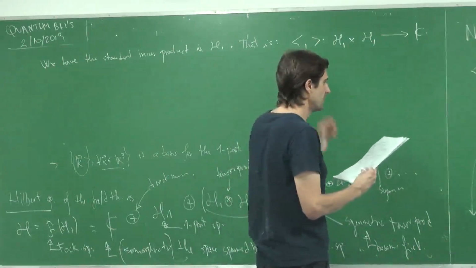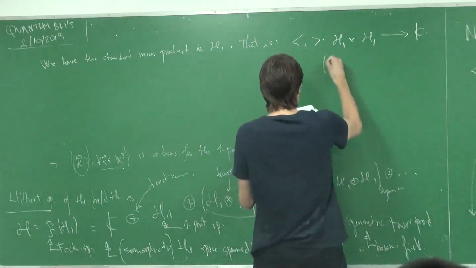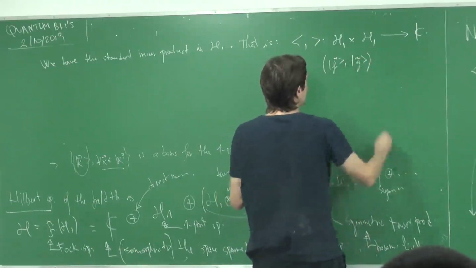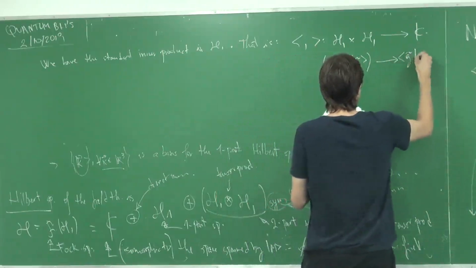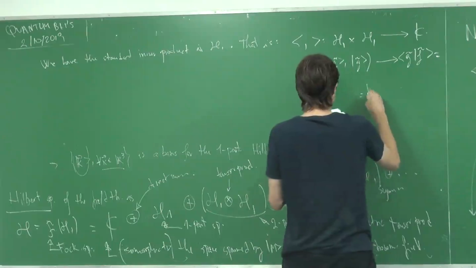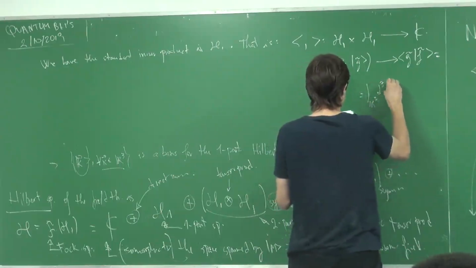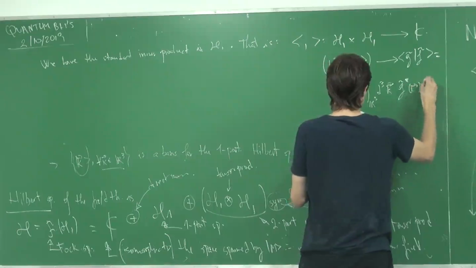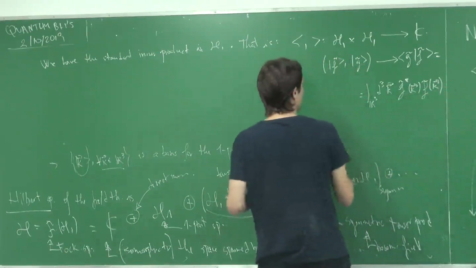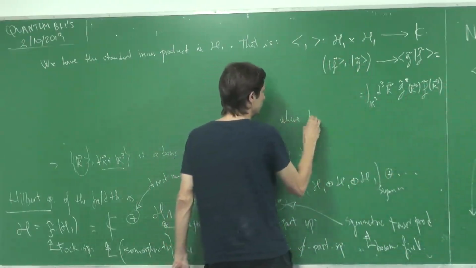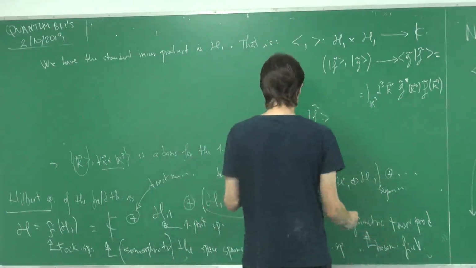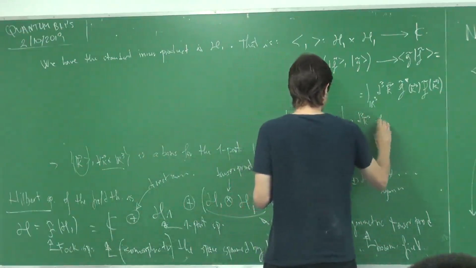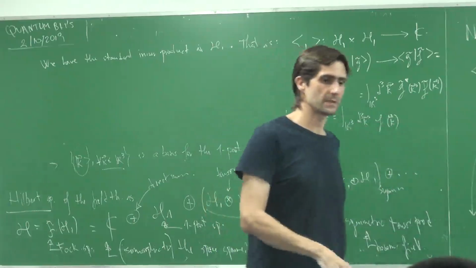This really is not a C-number, but a distribution. But anyway, this takes a pair of elements of H1, and it gives you this, where F is just written in that way and G is written in a similar way.